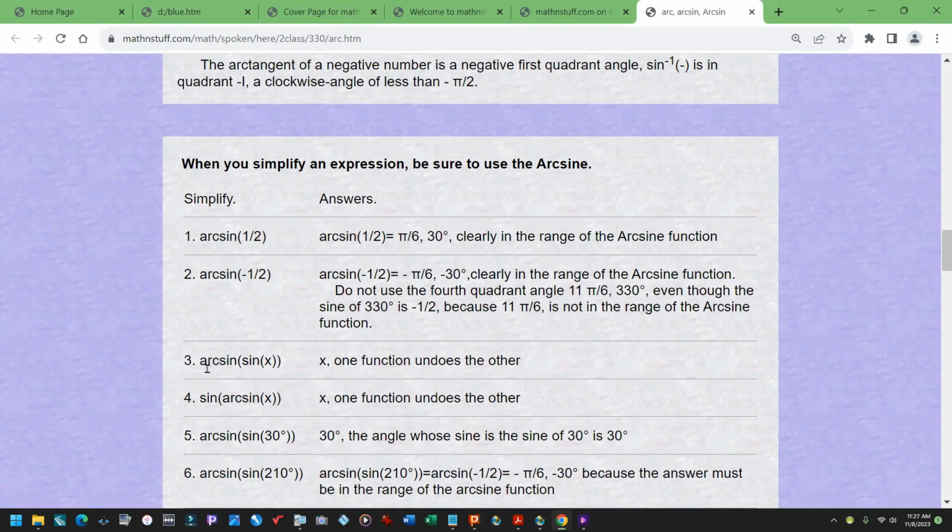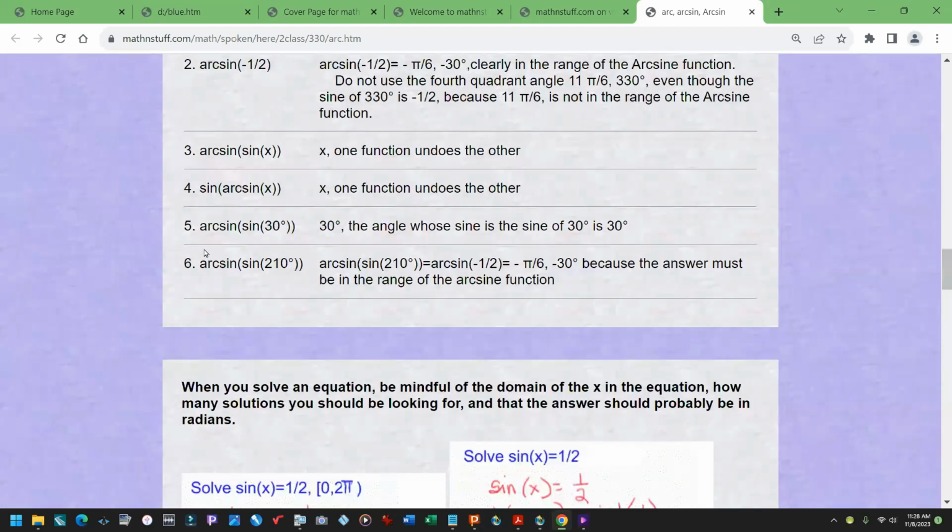Again, arc sine of the sine of x, I get x. Sine of the arc sine of x, I get x. They're just inverse functions. Arc sine of the sine of 30 better give me the 30. Arc sine of the sine of 210: 210 is in the third quadrant.